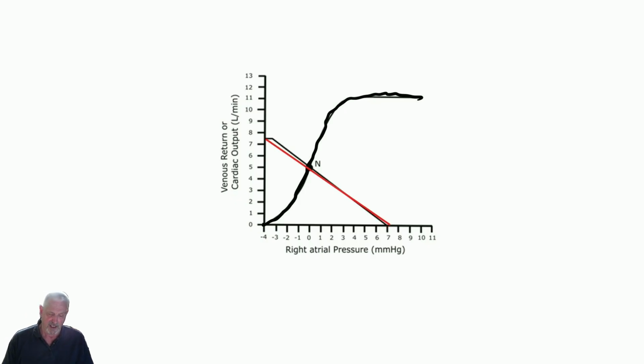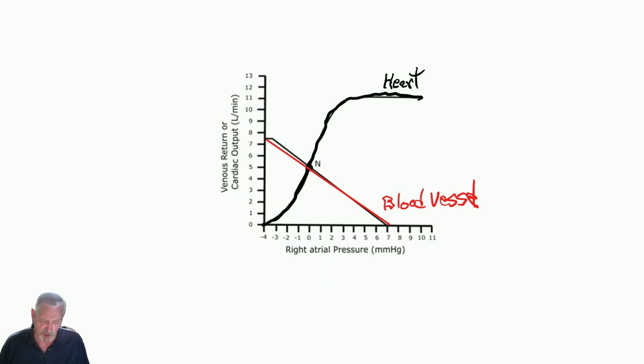And we can measure each of those. And the first thing to note about each of these curves is that the black curve is all about the performance or the function of the heart, and the red curve, the venous return curve, is all about the function of the blood vessels. Okay, so we're going to look at it from that point of view as we go forward here.